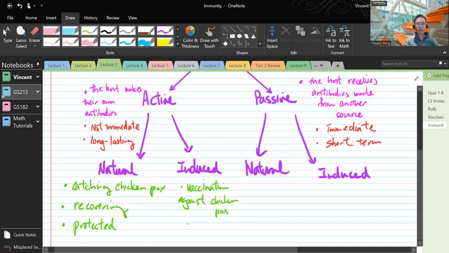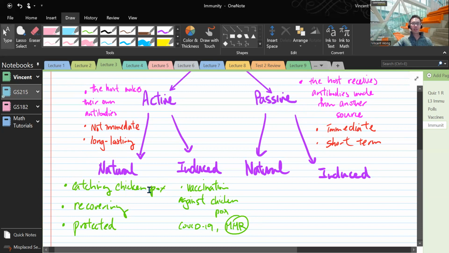Against doesn't have to be chickenpox, it could be against COVID-19, or measles, mumps, the MMR, for example, the measles, mumps, rubella vaccine, the 3-in-1. All these are examples of induced active immunization.